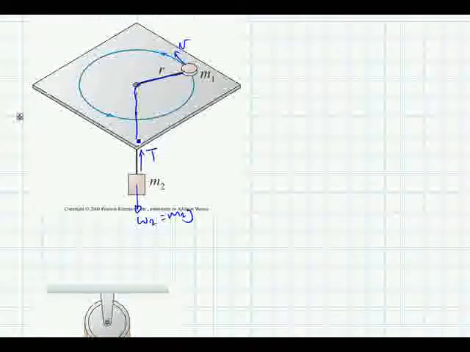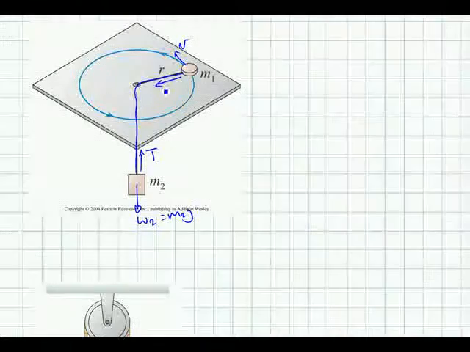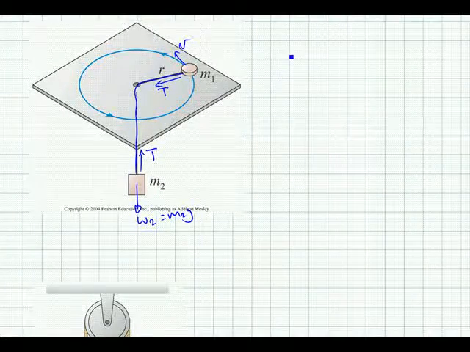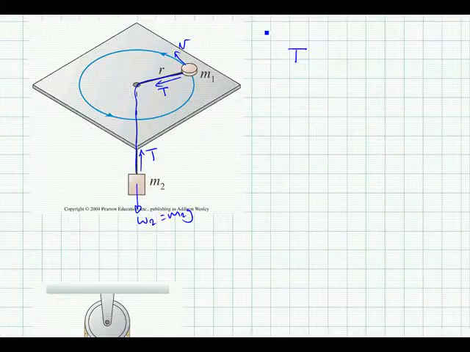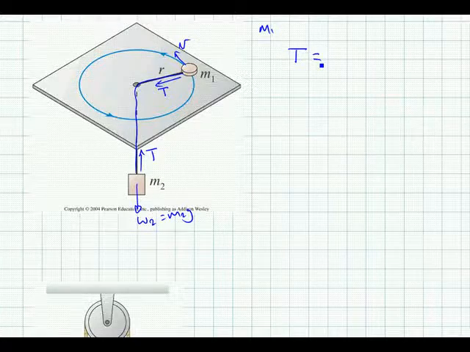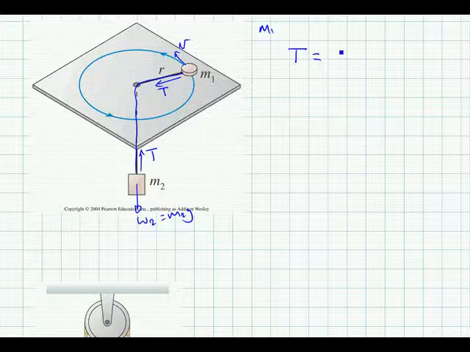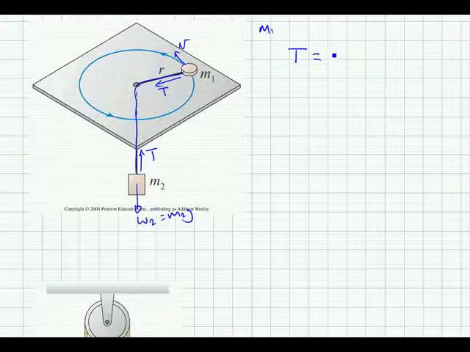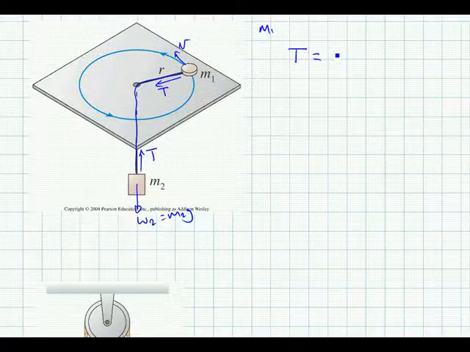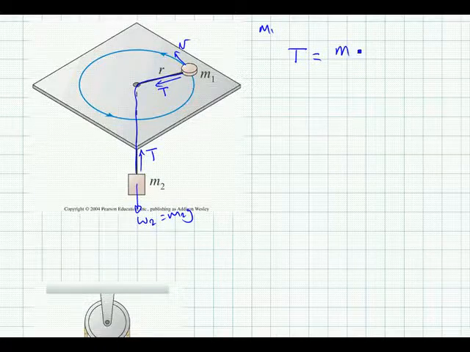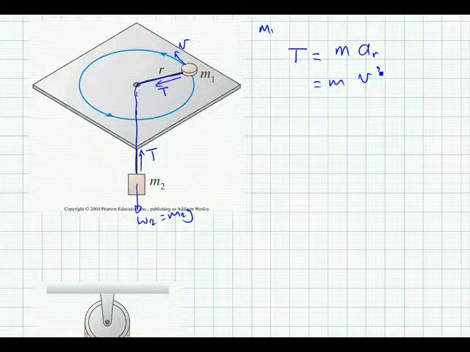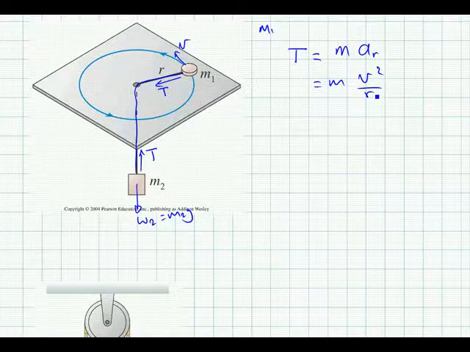Now here we have one continuous piece of string, which means that tension is equal to this tension, and tension for mass 1 is the radial force that provides a radial acceleration giving us our circular motion, so that must equal mass times the radial acceleration, which is mass times v squared over r.